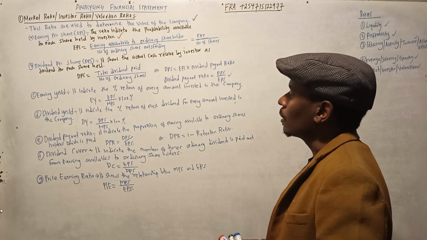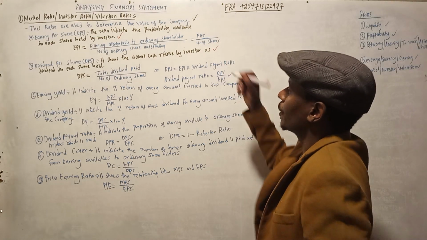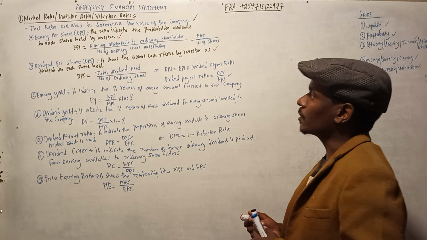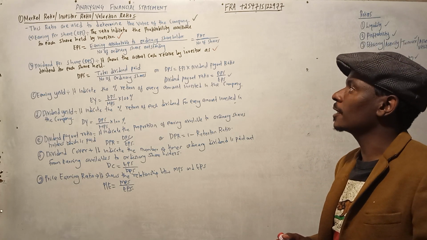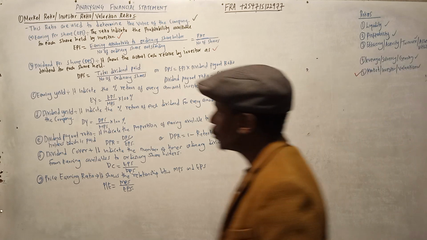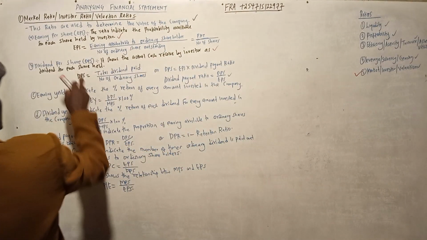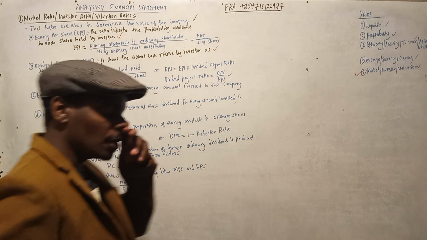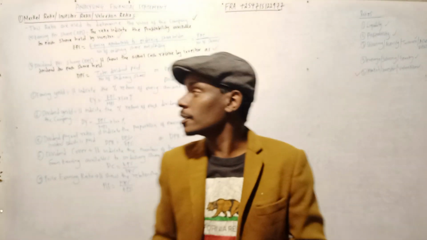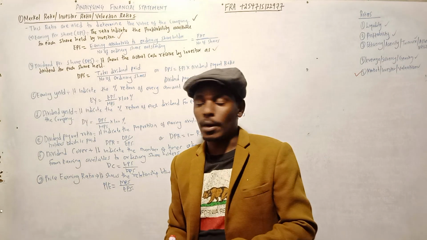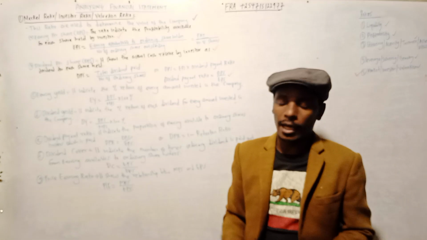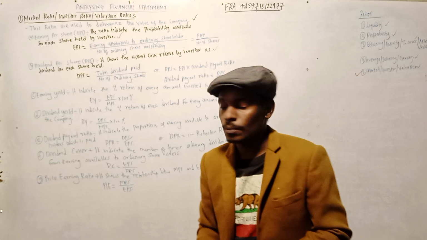Number two, you have the dividend per share, DPS. It indicates the actual cash received by the investor as dividend for each share held. So it shows the amount that is attributed to an investor who holds a share in the organization.